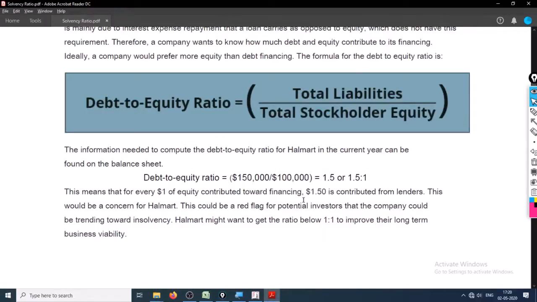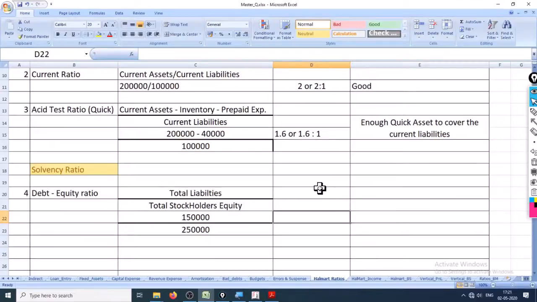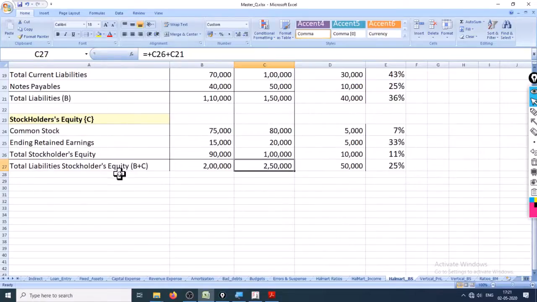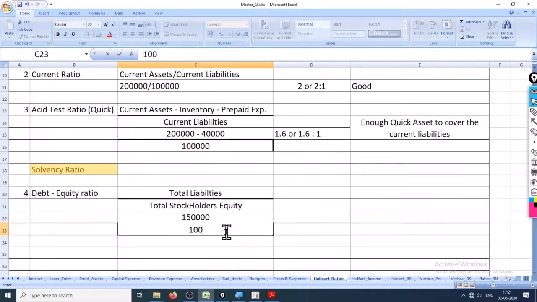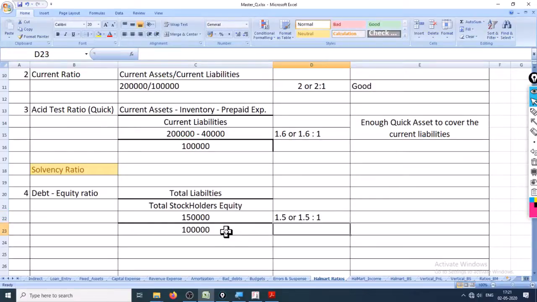Okay, what? Looks like we entered something wrong. That is equity. The total stockholders equity is only 1 lakh. So the amount will come to 1.5, or 1.5 is to 1.